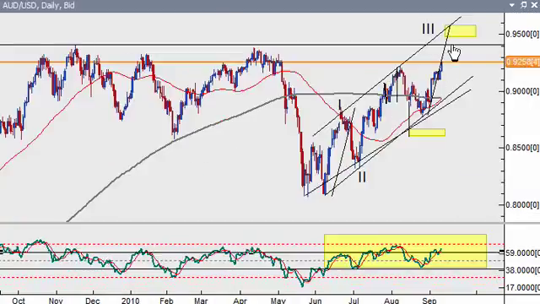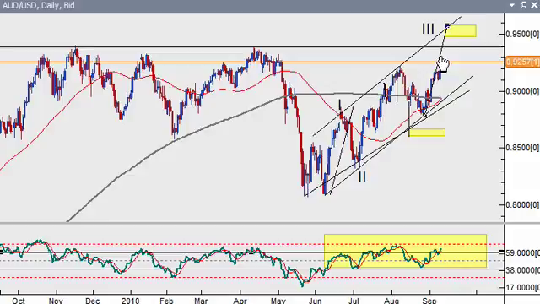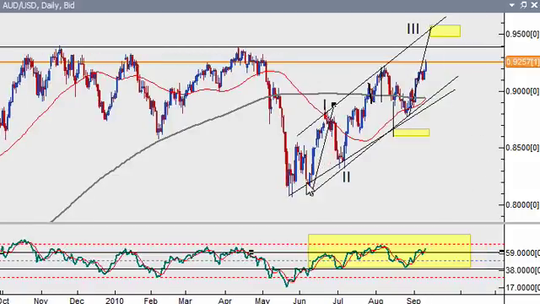We are nearing the 2009-2010 high here at 0.94, and we have a projection towards the 0.96 area. Now this projection is this swing projection using the smaller swing projected here.